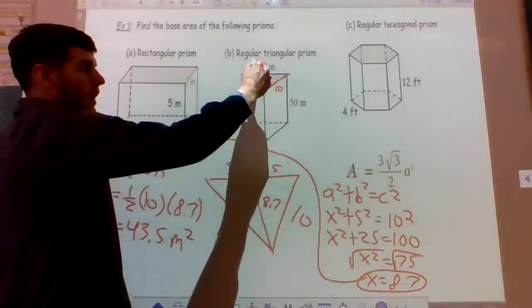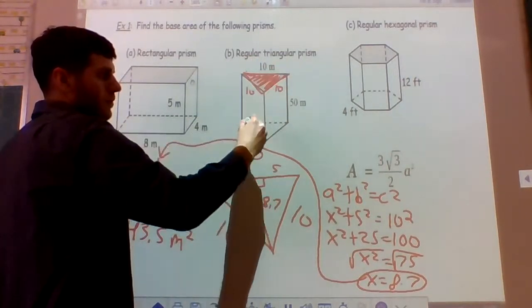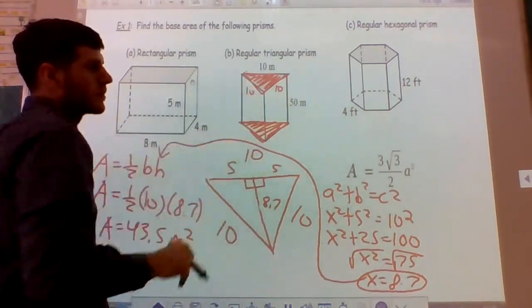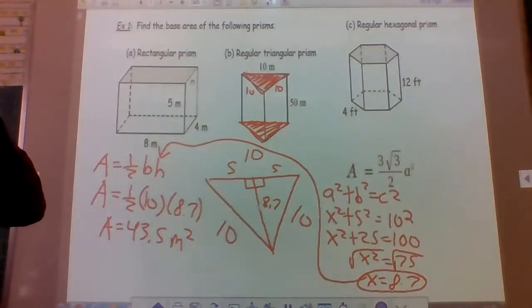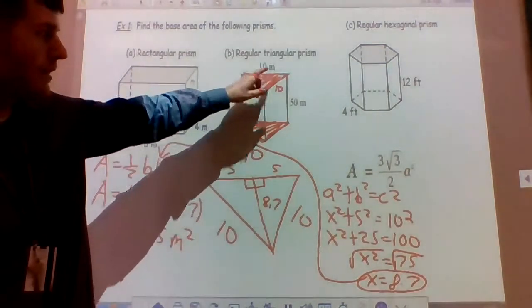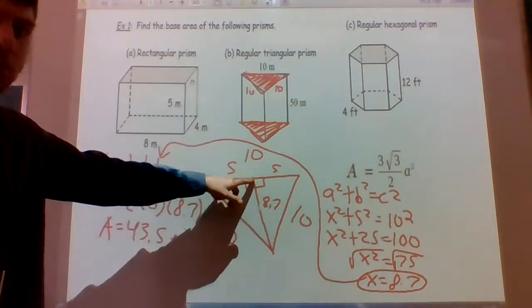So again, we wanted to find the area of this triangle. Okay, there's two bases. The area of a triangle is 1/2 the base times the height. We had the base, which was 10. We needed to find the height. In order to find the height, we drew an altitude.